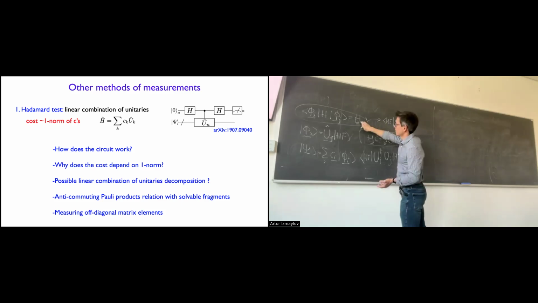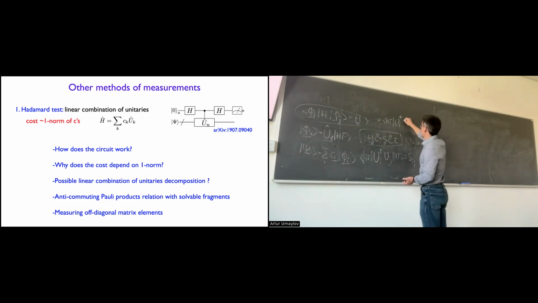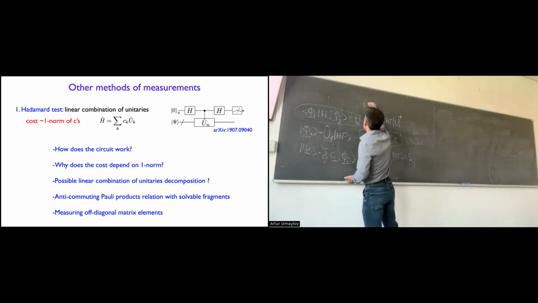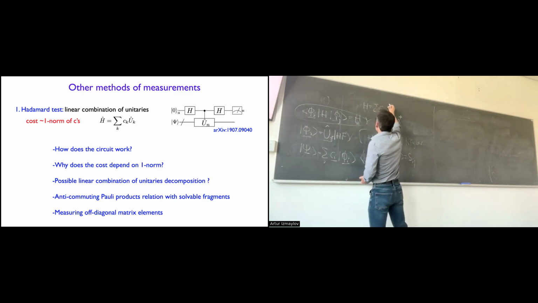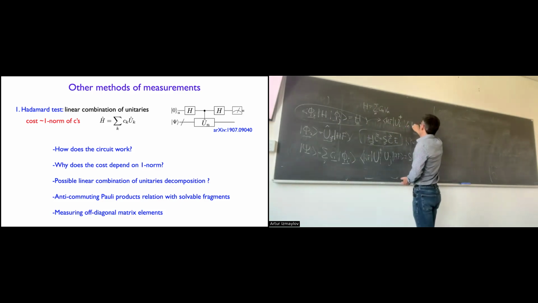If you have an LCU, linear combination of unitaries, expansion for this, or let's say H is presented already as a linear combination of, to make them different, I will put V here, right? So V and U_J H_F.